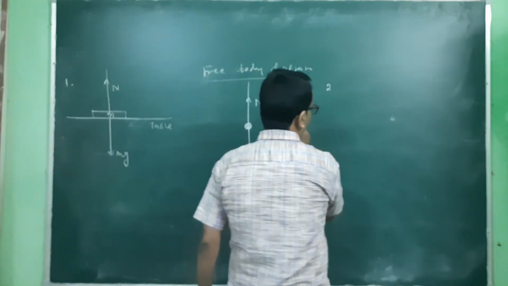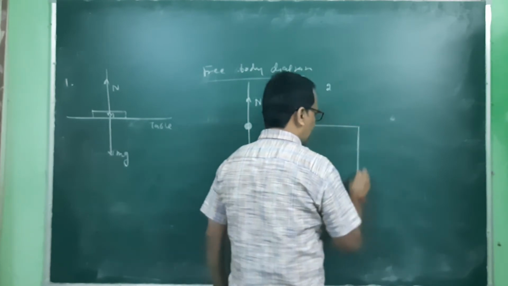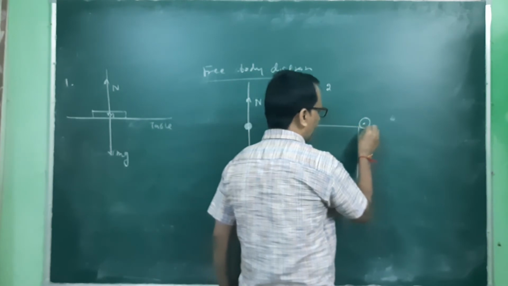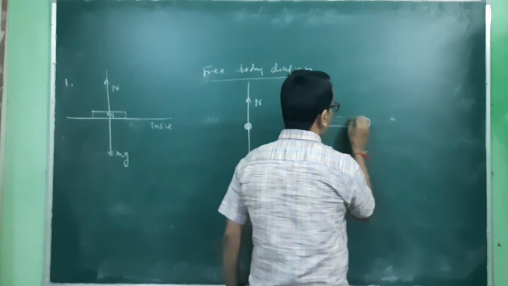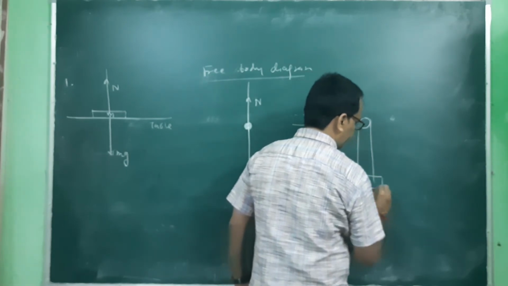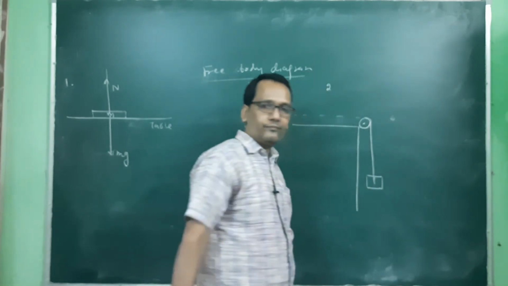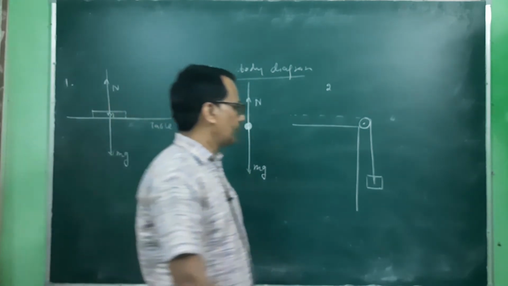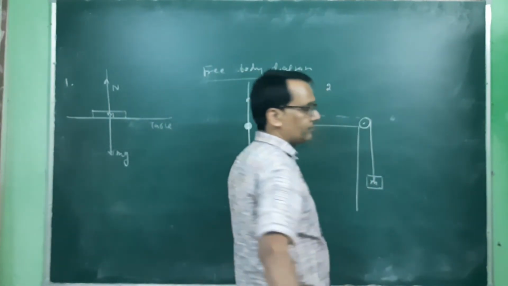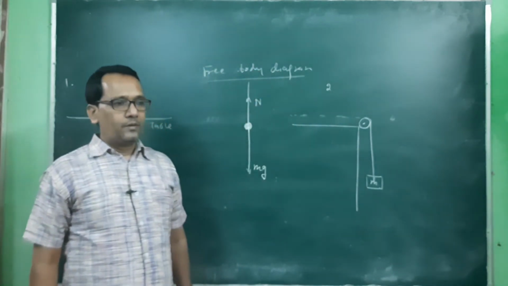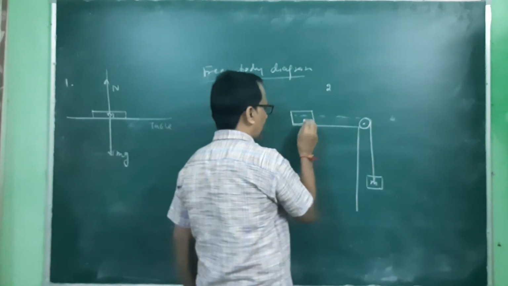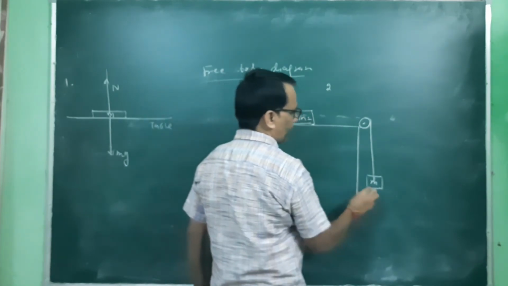This is a table and one pulley is here. This is the pulley. This is the string and one object is somewhere. This is the mass m. Let's say this is another object, this is M1.